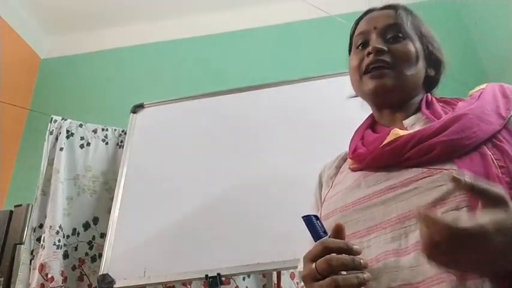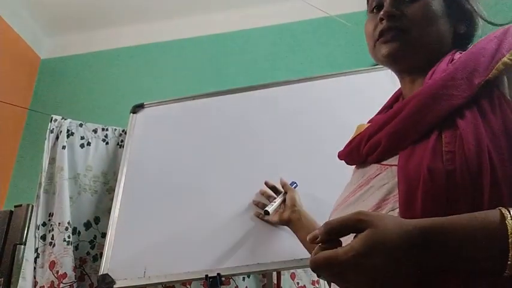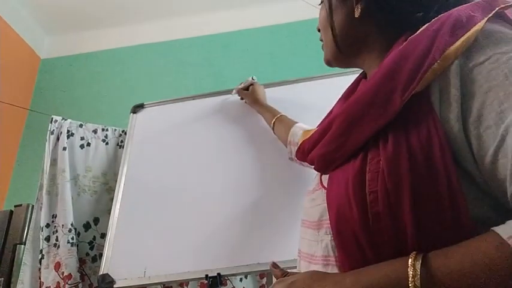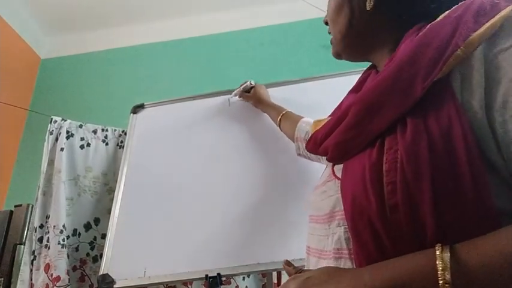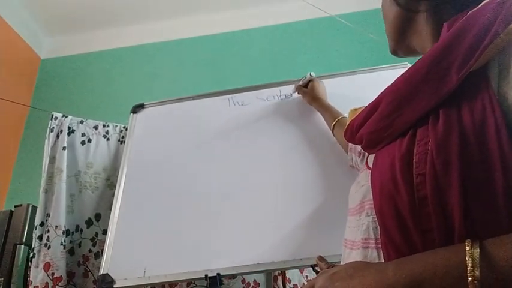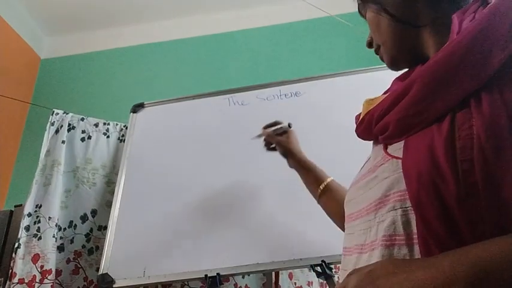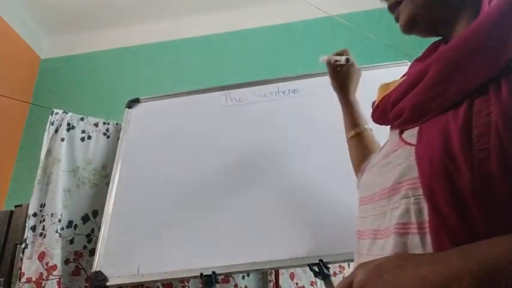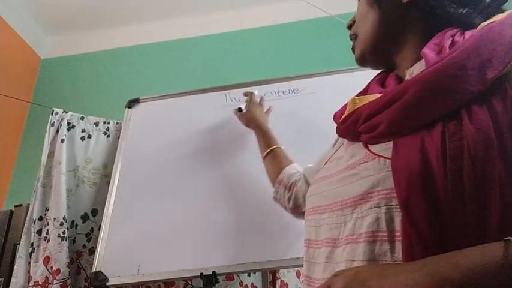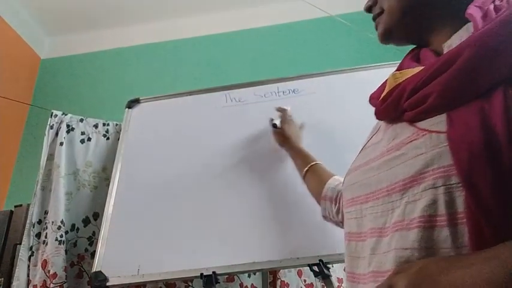Keeping this in mind and hoping for the best, let us start our first class, which would be on the sentence. So, our first topic of discussion would be the sentence. Now, what is a sentence?